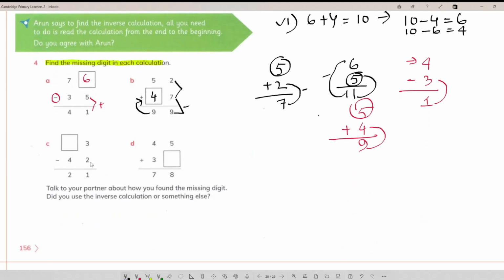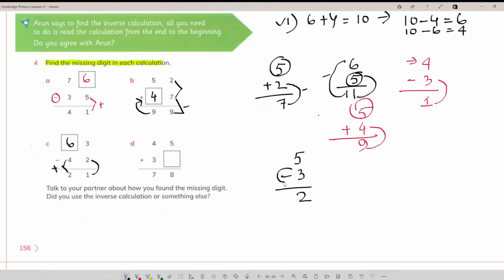3 minus 2 is 1, or we can say 1 plus 2 is 3. Similarly, here is minus 4, but here is blank. It means 4 plus 2 is 6. It means 6 minus 4 is 2. Look, suppose we can write 5 minus 3, it means 2.